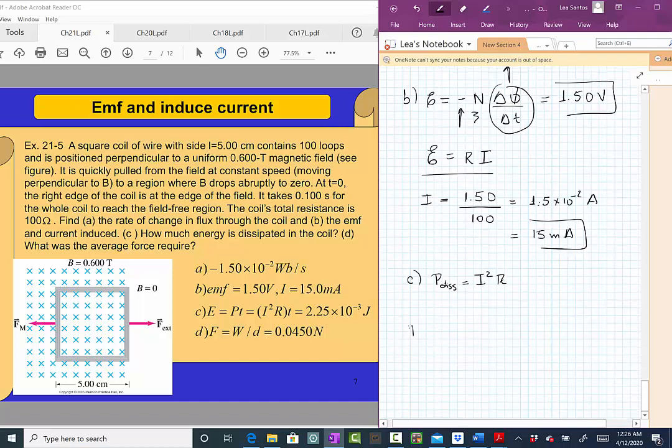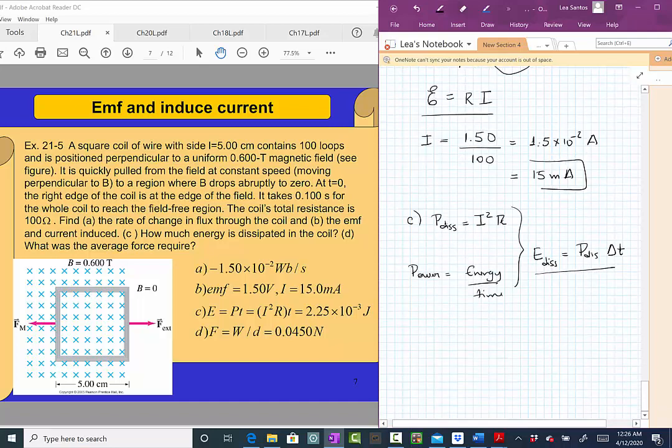But what is power? Power is energy divided by time. So if I want the energy that is dissipated, I'm going to get the power dissipated, and then I'm going to multiply by time. Which time? The delta t.